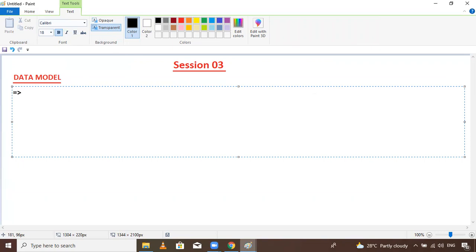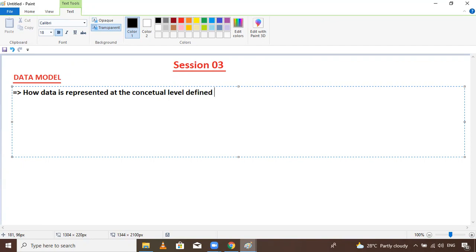Data is represented at the conceptual level, defined by means of a data model. How data is represented at the conceptual level, I will tell you what the conceptual level is.